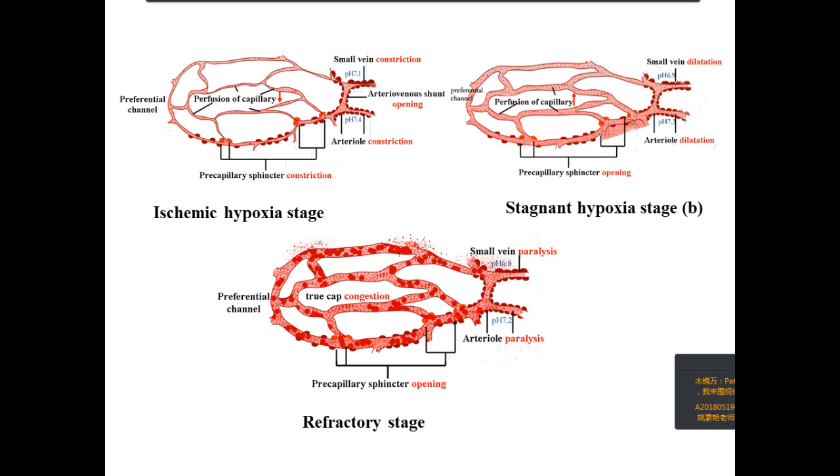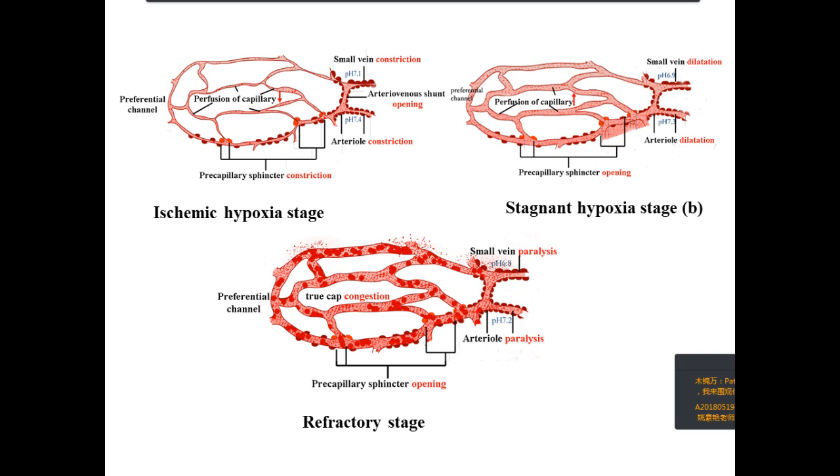Plasma moves out and viscosity increases, and red blood cell and platelet aggregation may block the vessel. So post-capillary resistance increases, and during this stage post-capillary resistance is more than pre-capillary resistance.